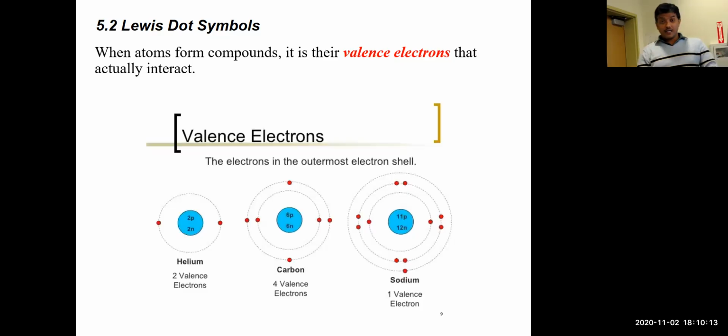Different elements have a different number of valence electrons, because when an atom is neutral, the number of protons is equal to the number of electrons, and each atom has its own unique number of protons, which means each atom has its unique number of electrons. In these examples, we are going to discuss helium, carbon, and sodium. Helium has 2 protons and 2 electrons.